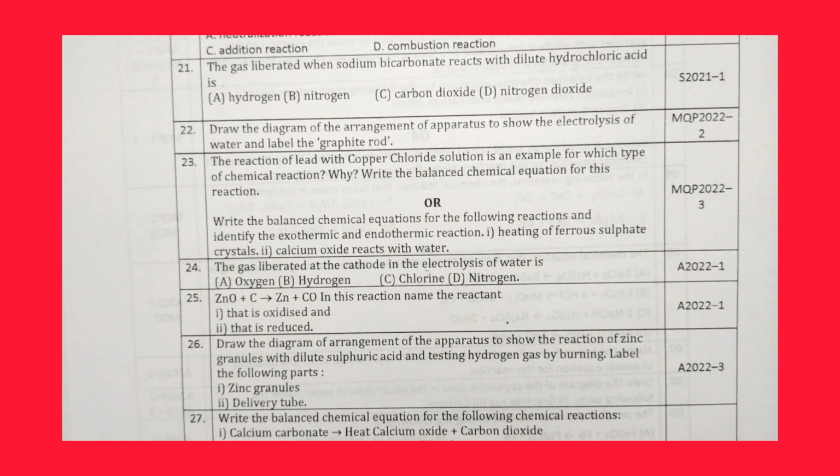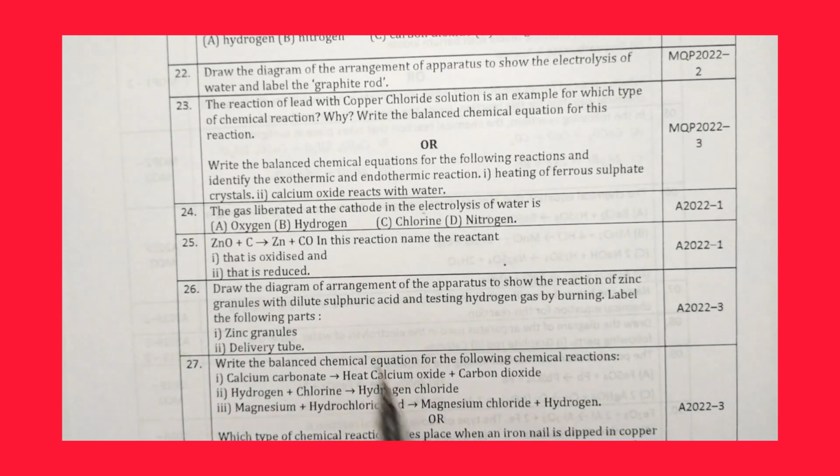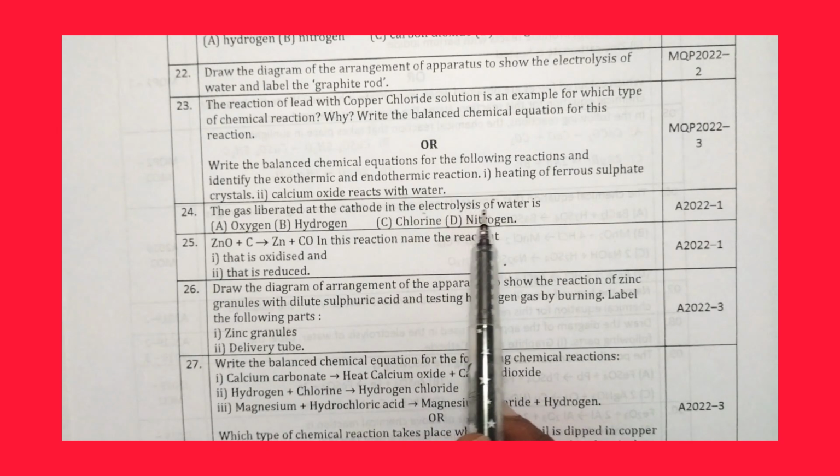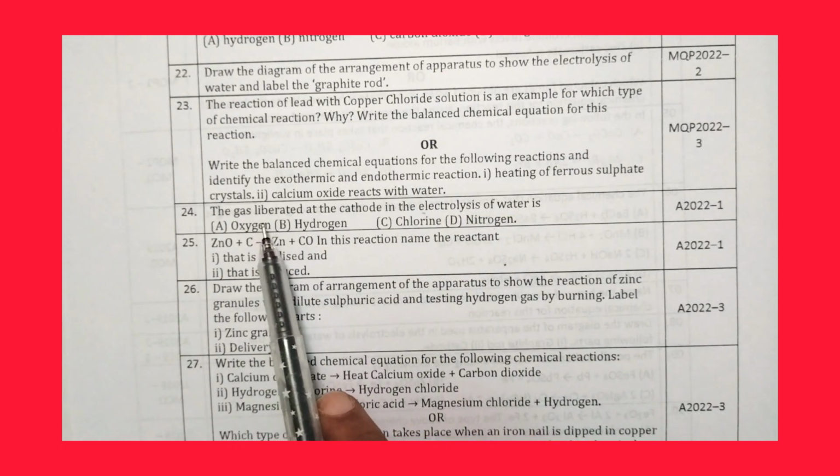Now let us move to the 24th question. The gas liberated at cathode in the electrolysis of water. So I have asked which gas is liberated at the cathode in the electrolysis of water.